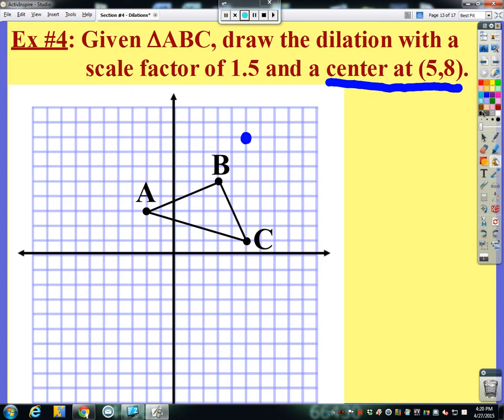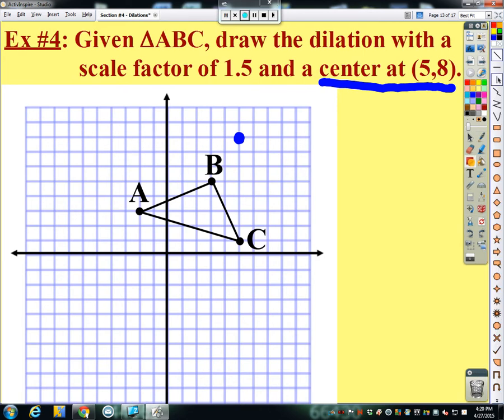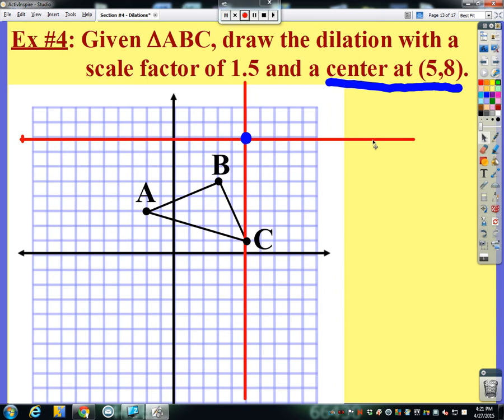Now here's the weird thing that I'm going to do. We're going to pretend that this vertical line and this horizontal line, thank you, where they meet at the point (5, 8), right here, is really (0, 0).